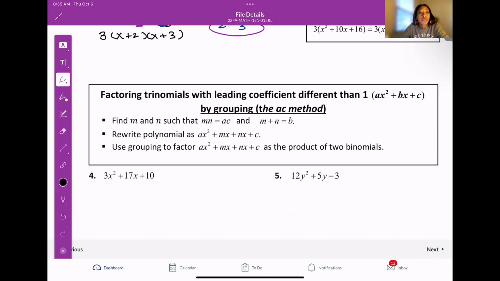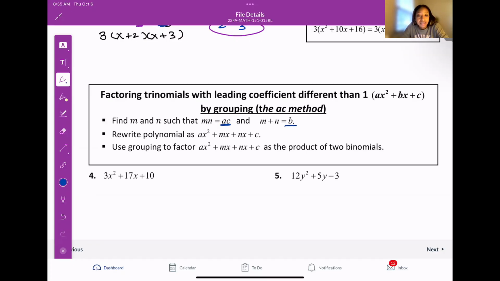Remember last time we said, we want to look at factors of C that add to B. Well, this time we're going to look for factors of A times C. So multiply A and C together. You want to find factors of A times C that add together to give you B.